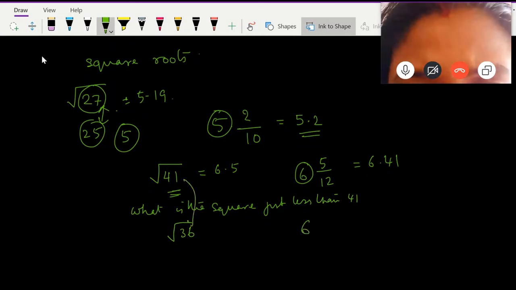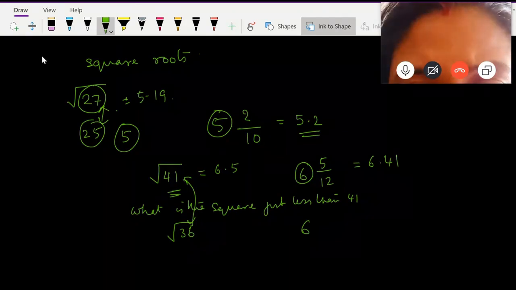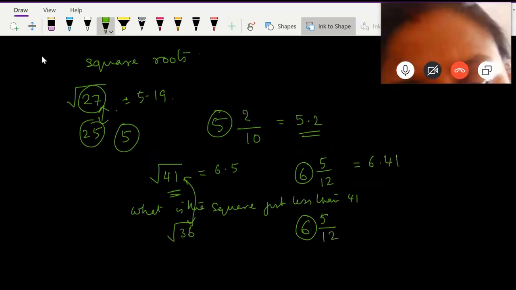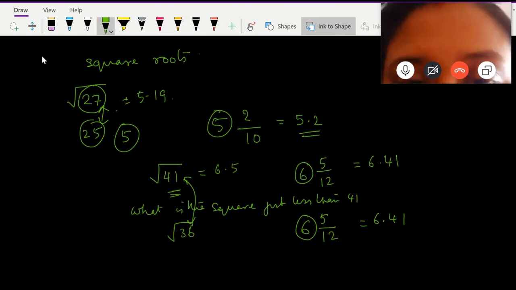Then take the difference of 36 and 41. 41 minus 36 is 5. Divided by double of the number that you've written, which is 12. So this is 6.41. Okay. Clear? Got it.